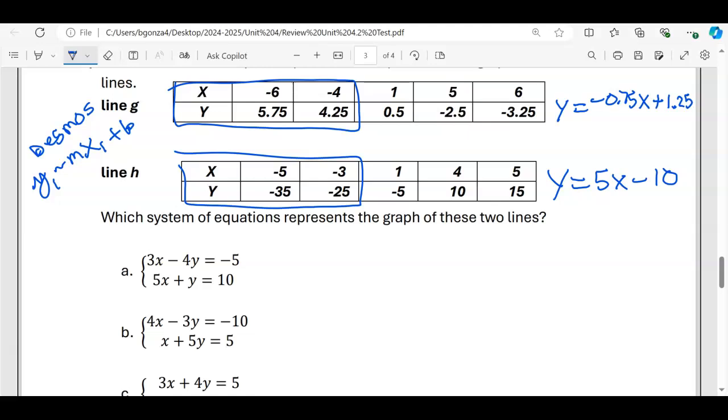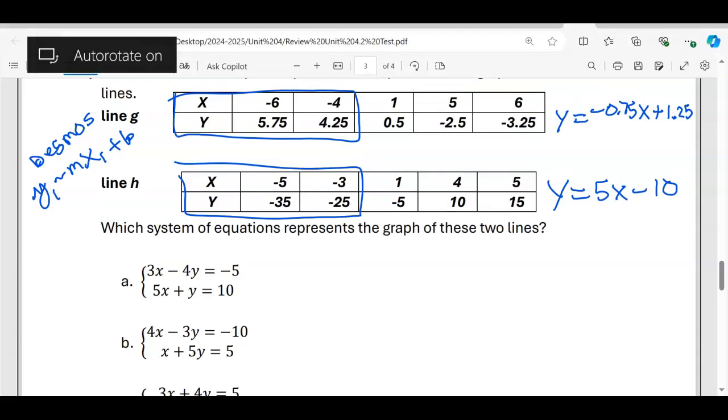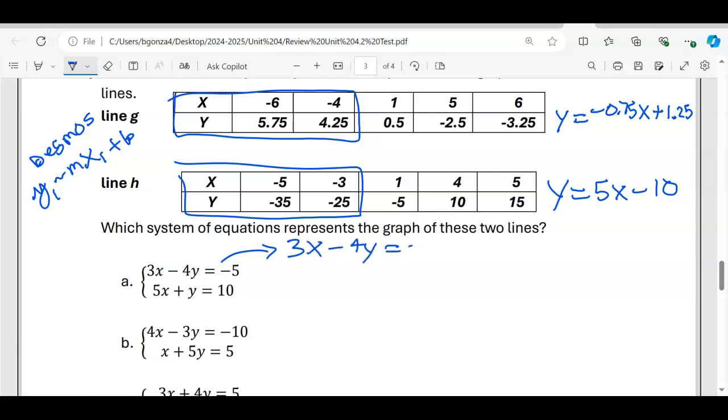Now, if I start solving this, 3x, subtract 3x from both sides. -4y equals -3x minus 5. And you divide everything by -4.